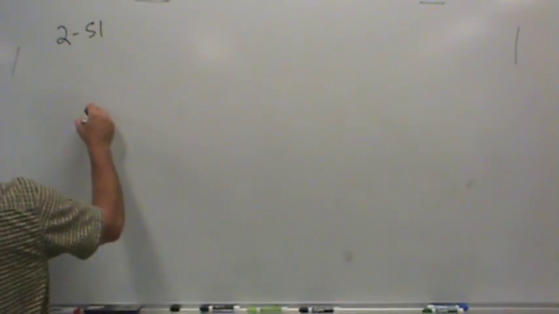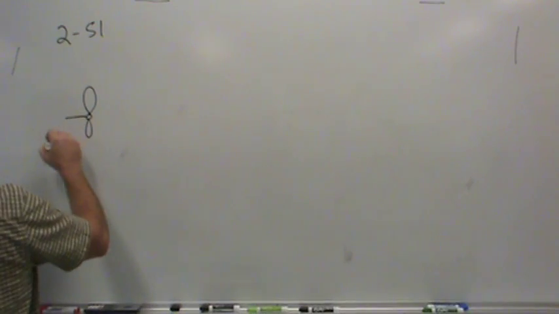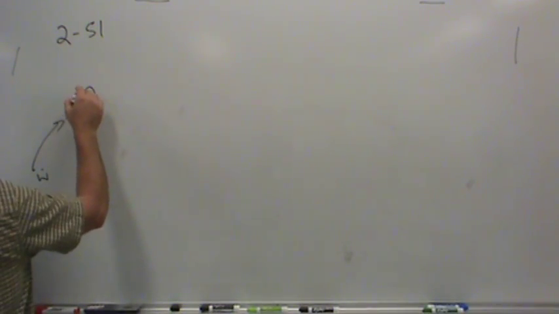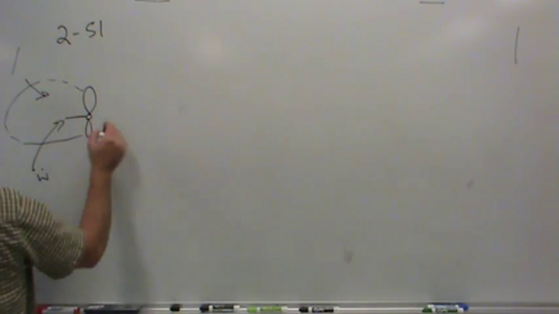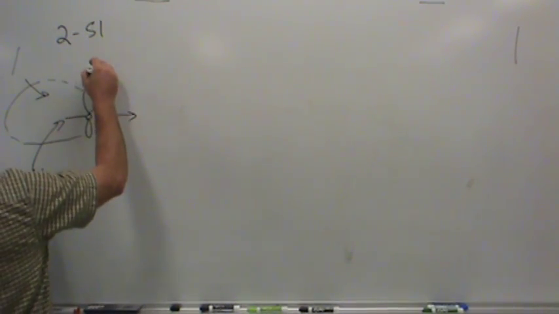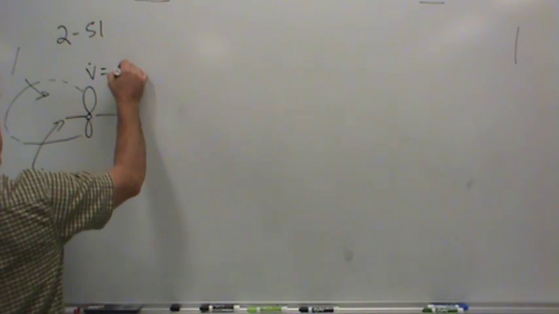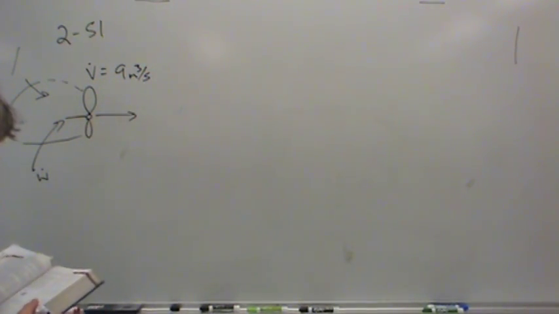Okay, so here's the fan. We're putting power into the fan. And what the fan does is take air that's still and turn it into air that's flowing. Now it does this at a rate of 9 cubic meters per second. That's the volumetric flow rate.